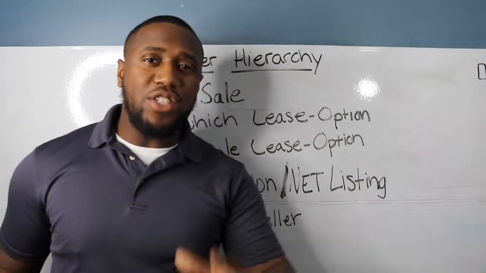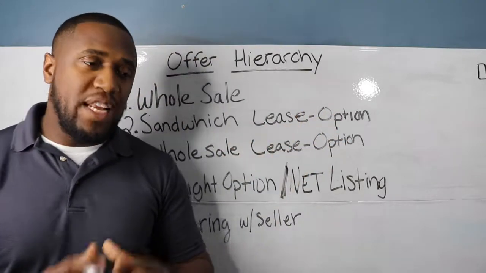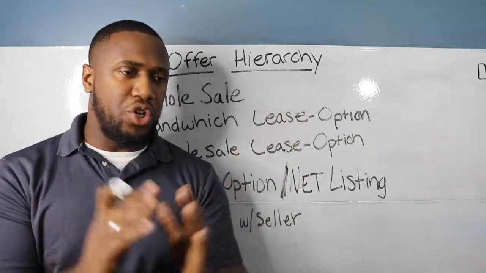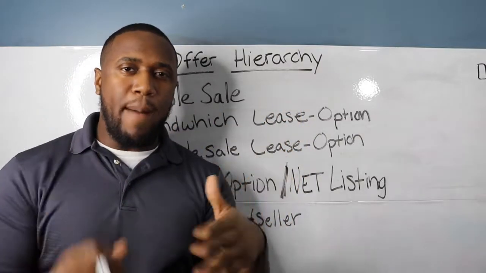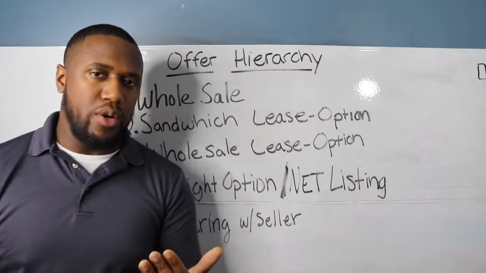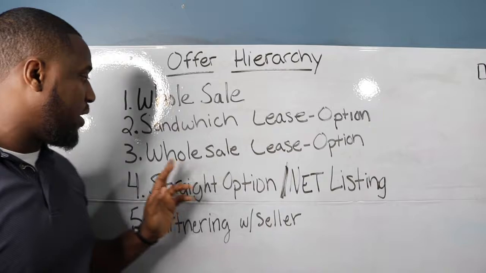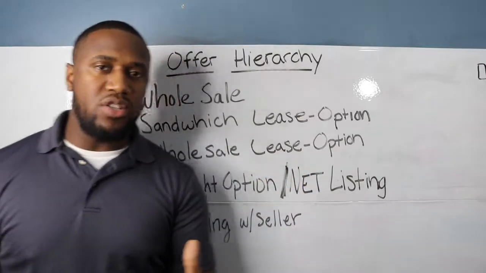All right, so again, you can only make a sandwich lease option offer if they don't have a time motivation, meaning they can keep the property in their name for the next 2, 3, 4, 5, 6 years, right? If they can't, you can't do a sandwich lease option. Same thing for a wholesale lease option.